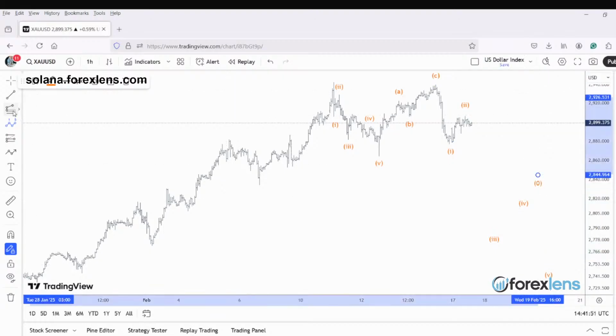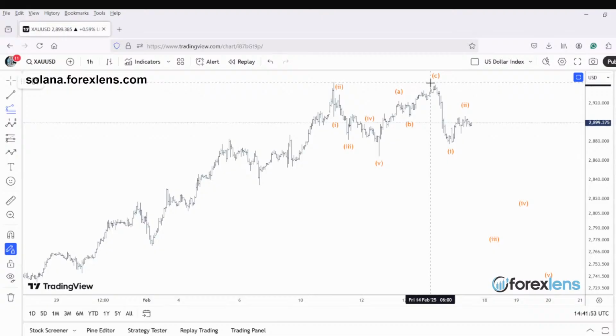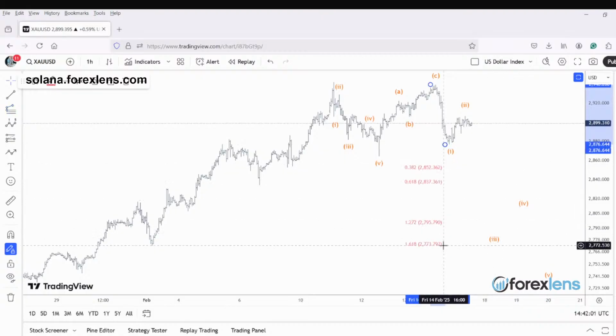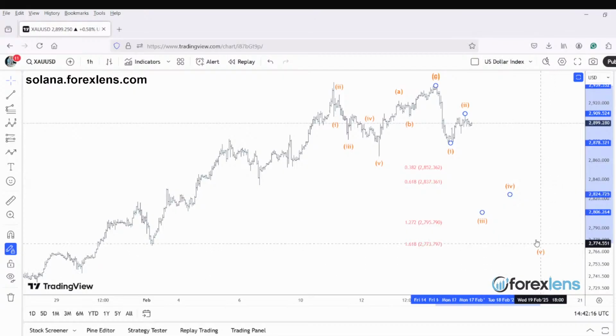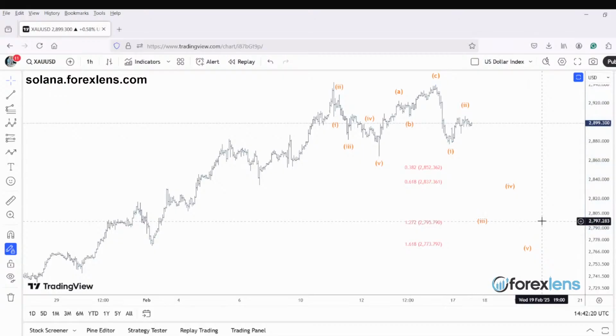All right, and if we do the extensions of the recent drop on Friday, that could be 2770. In fact, it could be 2770 as the fifth wave actually, unless the third wave is extending. If the third wave is extending, we'll expect much more lower levels.